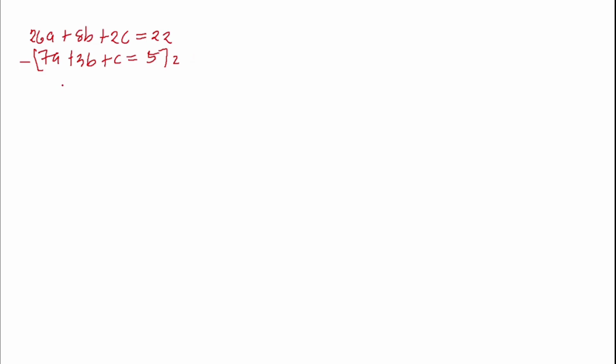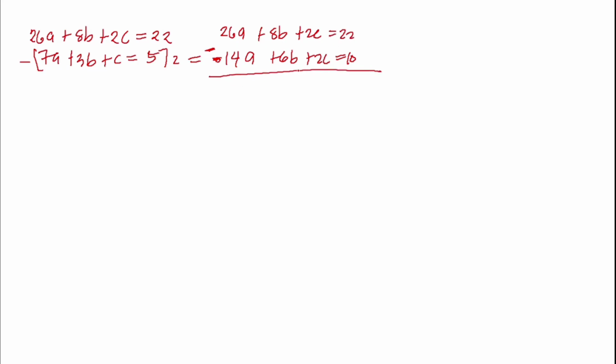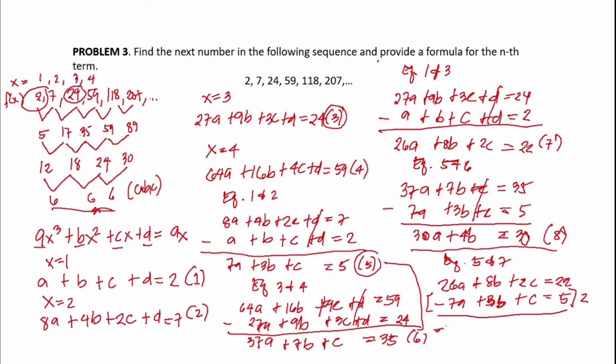So we have negative 14a plus 6b plus 2c is equal to 10. So just copy here, 26a. Oh no, this is not negative because this is a sign here, minus. 26a plus 8b plus 2c is equal to 22. So subtract 26a minus 14a, that is 12a plus 2b, c cancels, and this is equal to 12. So this is equation number 9.